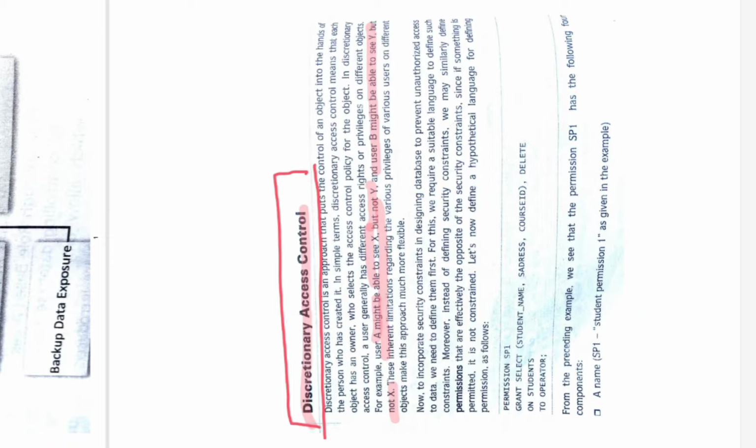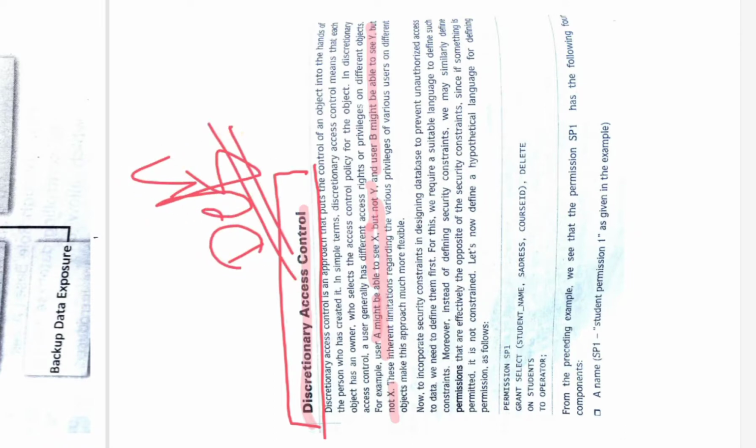In the same way, user B might be able to access V2 but will not be able to access V1, right? This type of measure is completely dependent on the user who has created it. So this is the actual definition of discretionary access control, or DAC.